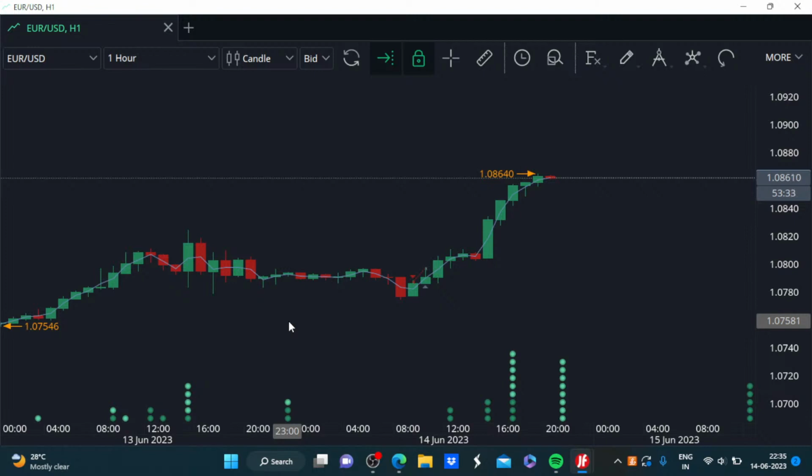So for example, if we go back in the day, we have these almost sideways moves where there was a very shallow, very narrow range for the Euro USD. The things were not really going anywhere.